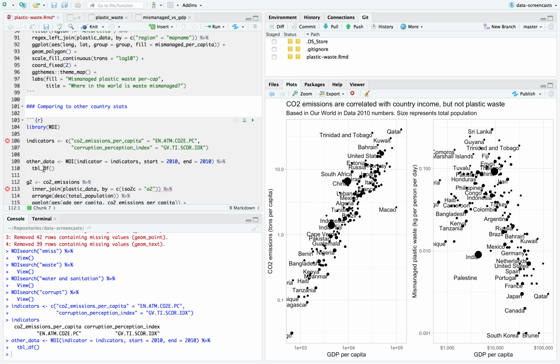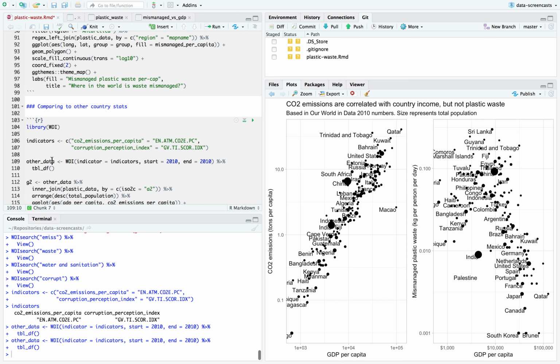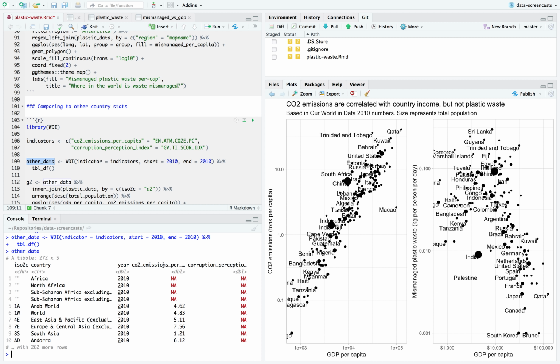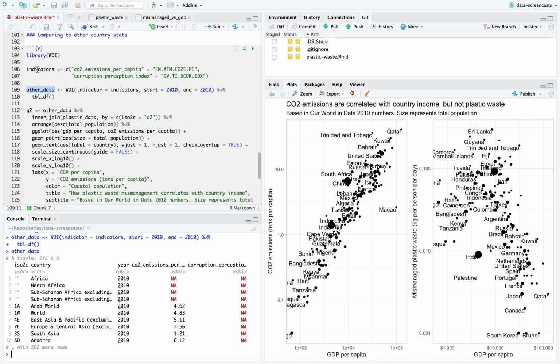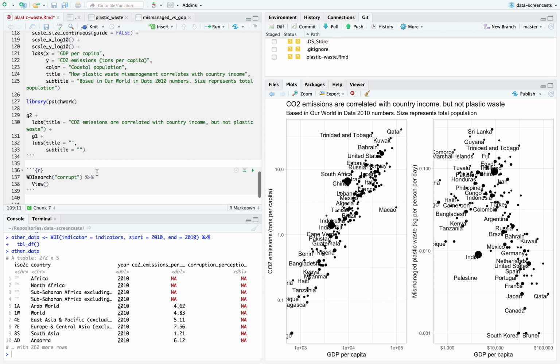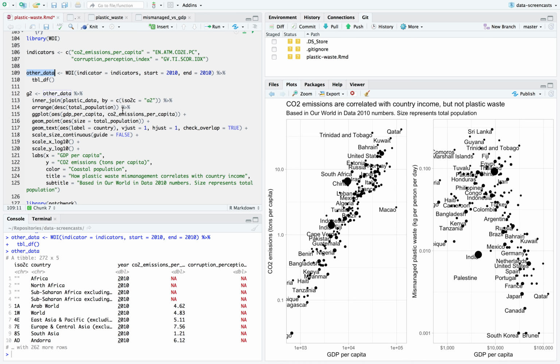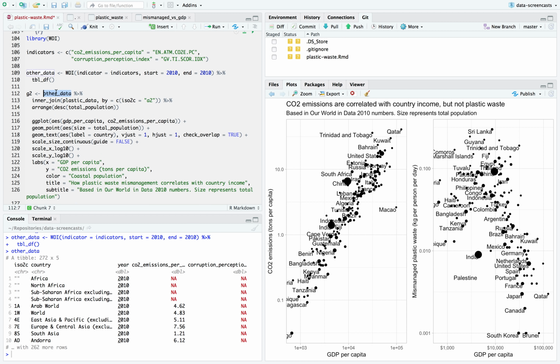Right, and now let's see if it works. Look at that, the rename done as part of the stat. That's pretty cool. So what I'm going to say is we already have it joined with plastic data.